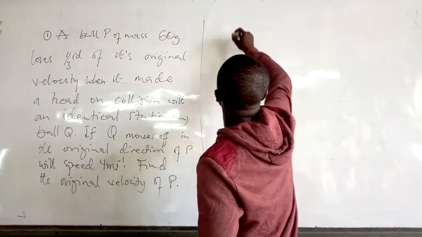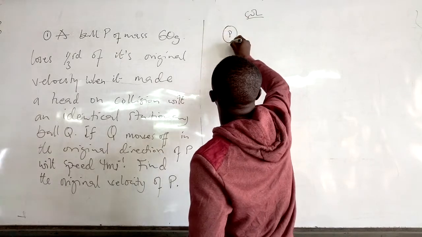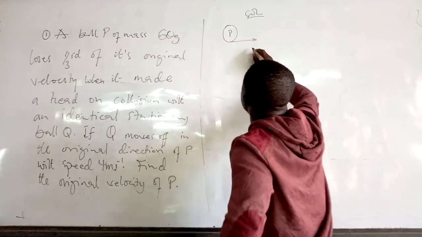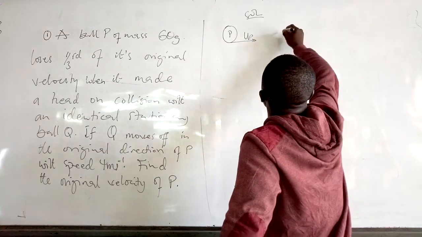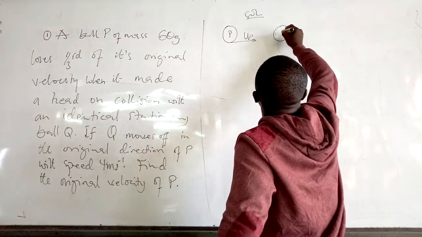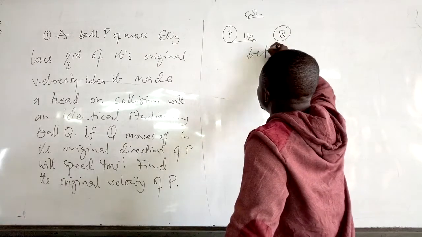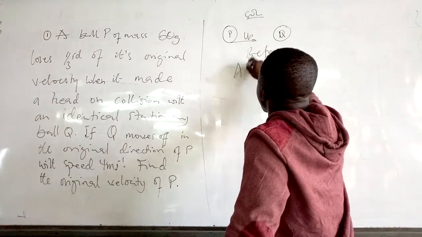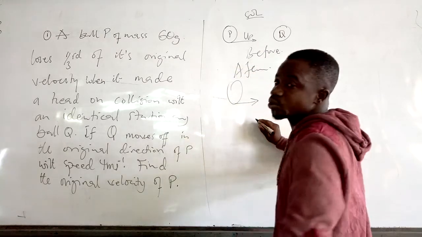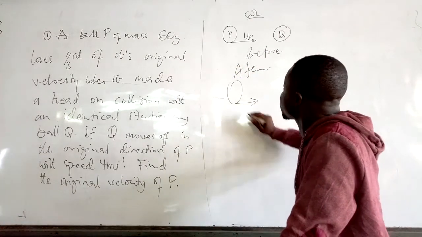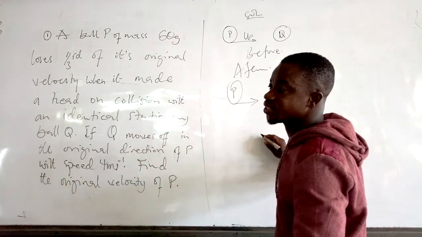So, solution. A ball P initially moving with velocity UP collides with a stationary ball Q. This is before. Now, after collision, P loses 1/3 of its original velocity.